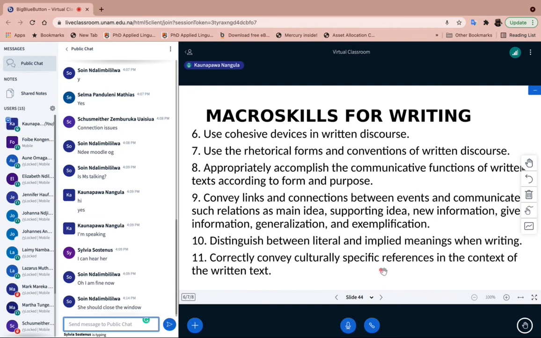And then we have: correctly convey culture-specific references in the context of a written text. How do you correctly use cultural references? Because there are certain things that are just a taboo. They are a taboo that you cannot use, and that's what we call incorrect usage of culture-specific references. So they should know the differences. What can you say in this culture?